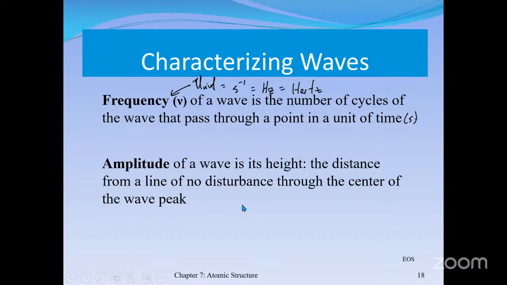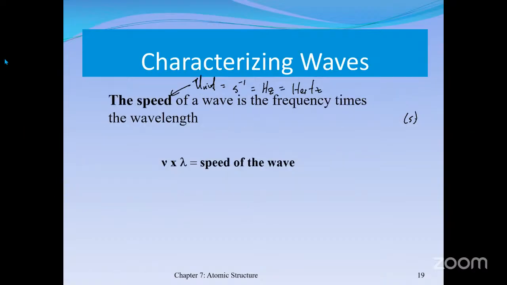Now, two of these characteristics are related to each other directly. And basically, this equation shows you that relationship. The speed of the wave is defined as the frequency multiplied by the wavelength. So if the frequency is expressed in seconds to the minus one, and the wavelength is expressed in meters, then the unit of the speed of the wave is m s to the minus one, or m over s.